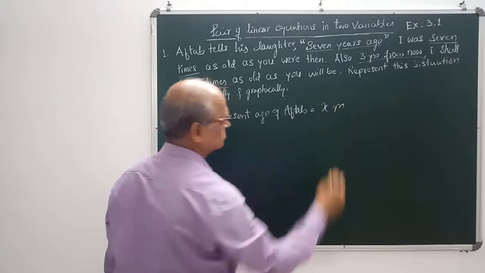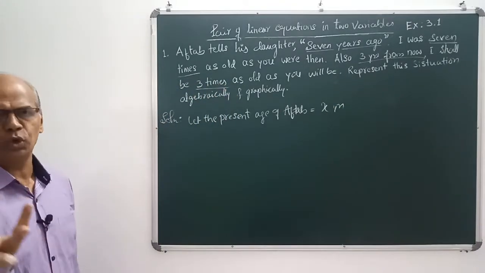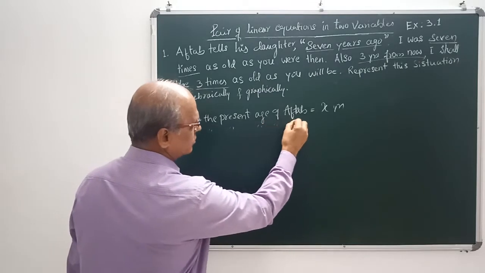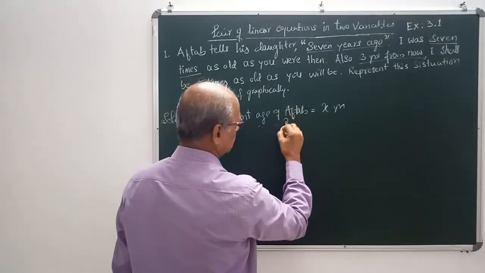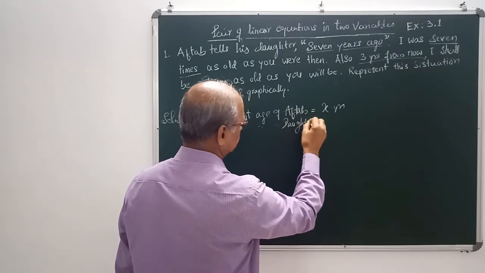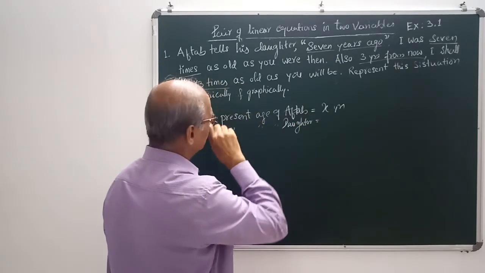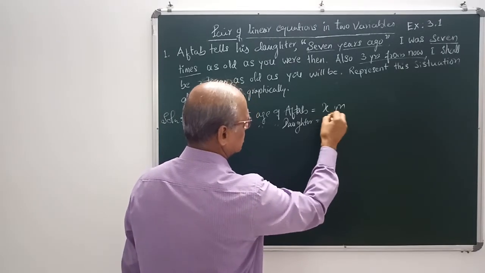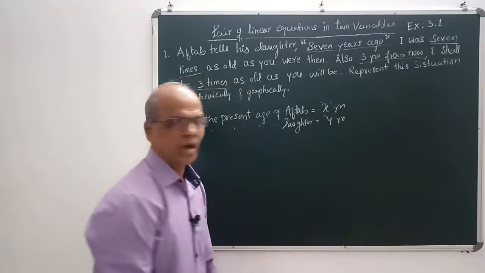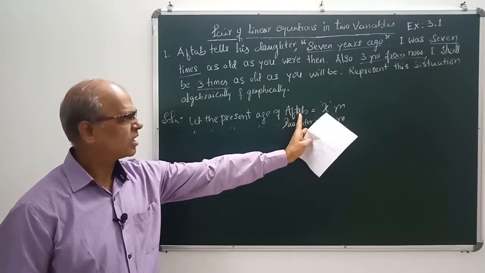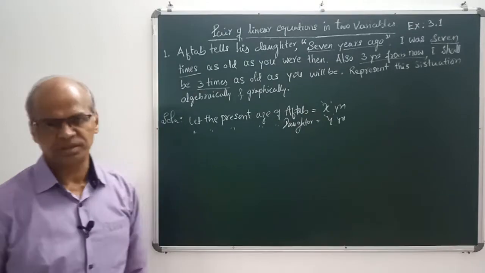We take it as x years, because we don't know. Present age of daughter, y years we take it as. Daughter's age is y years, Aftab, meaning father's age, is x years.